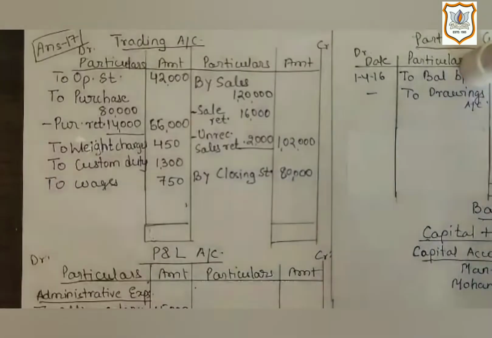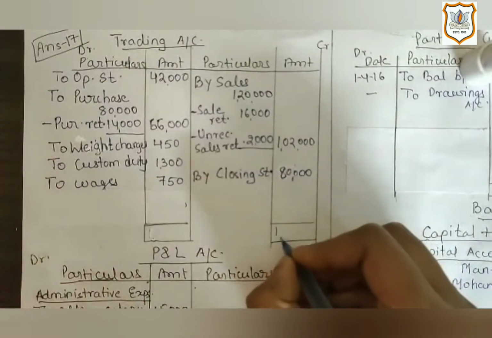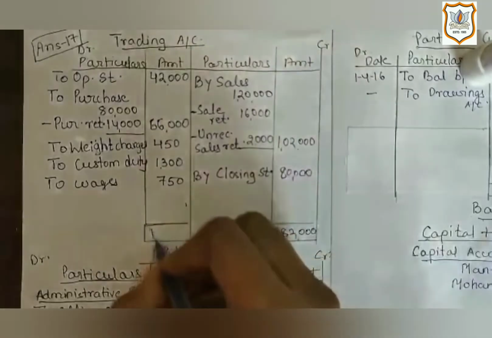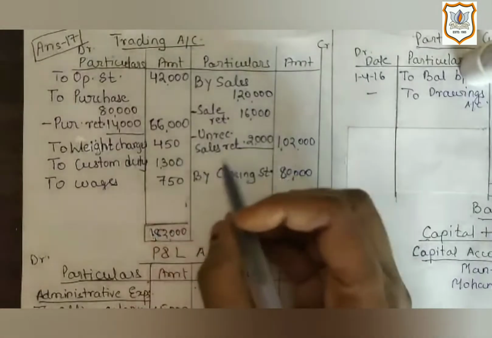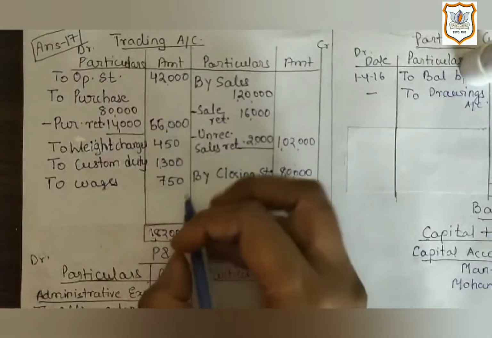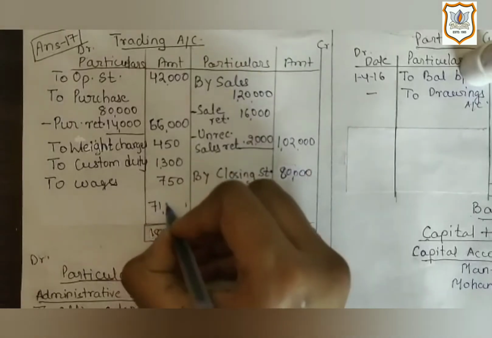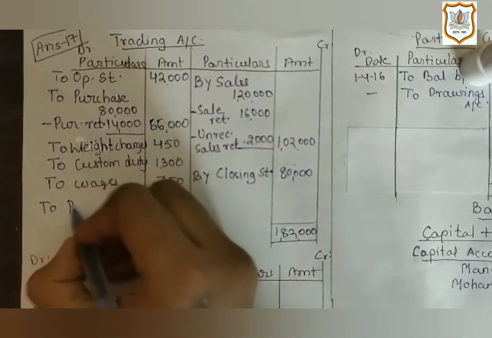Now it's time to close the accounts. First we will close the trading account. Here the credit side total is more, which is rupees 1,82,000. So here we will get the difference on the debit side, which will be called gross profit, which is 71,500, which will be transferred to the profit and loss account.